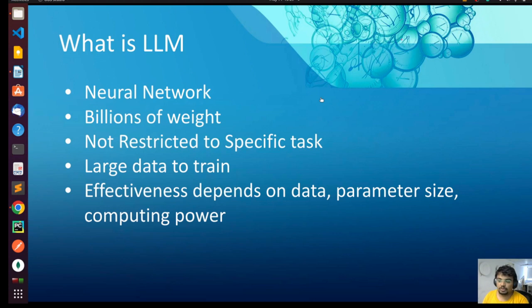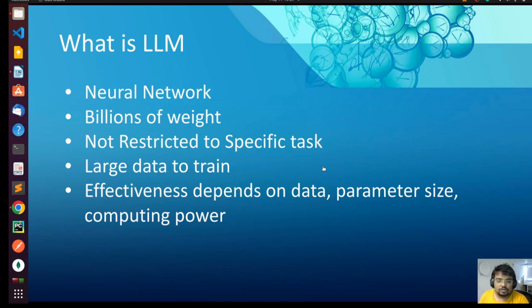Just to give you an idea, a few models are trained on as much as 10 trillion words of data, and a person normally speaks about 800 million words in his whole lifetime of 70-80 years on average.